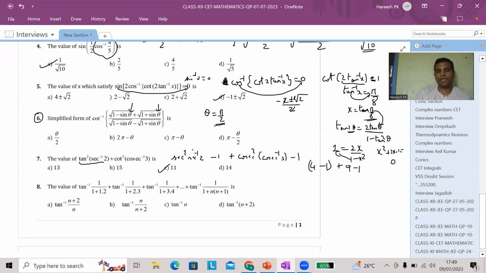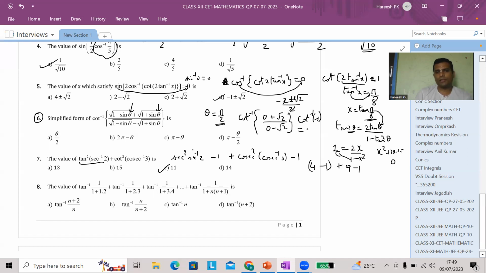So when you substitute theta as pi by 2, you'll get cot inverse 0 plus root 2 divided by 0 minus root 2, which is cot inverse minus 1.